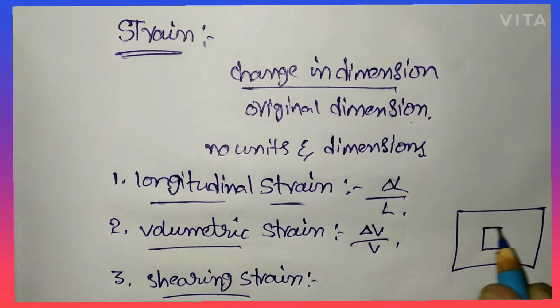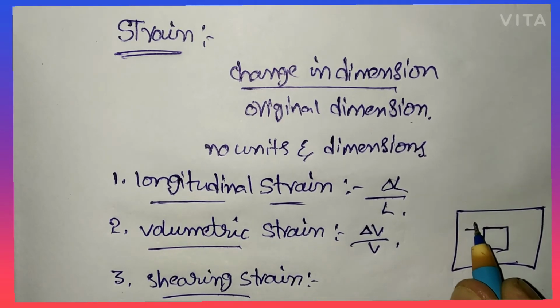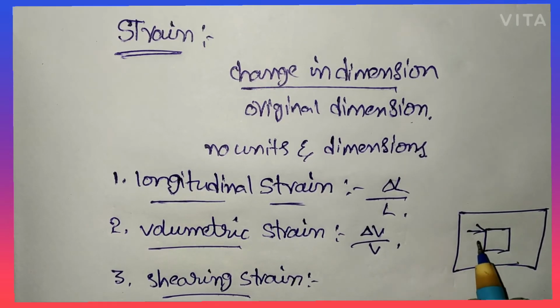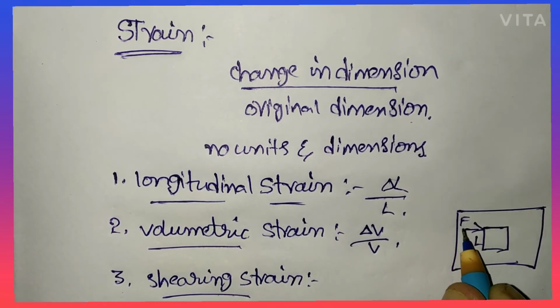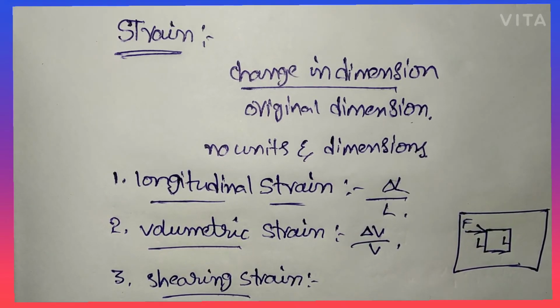This is the object. Suppose the object is here, and I am applying a force F having length L. This is also length L. What is happening? This will go in this direction.